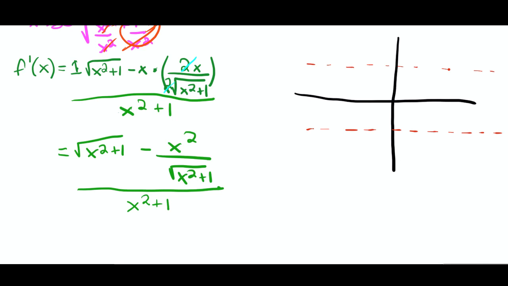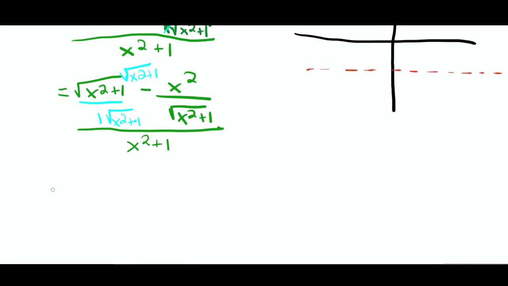Okay, so then we multiply this guy, top and bottom, by square root of x squared plus 1. And so then what we get for the derivative is x squared plus 1 minus x squared over, and then here I'm going to write, instead of x squared plus 1, I'm just going to write it as x squared plus 1 to the 1/2.